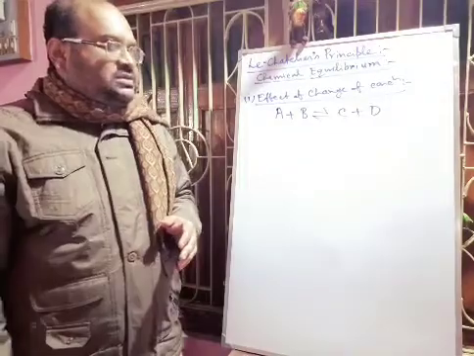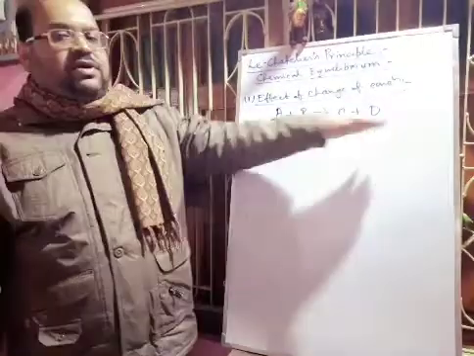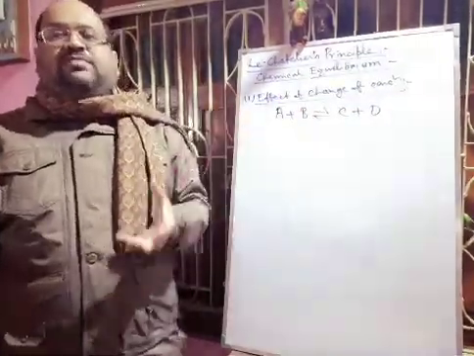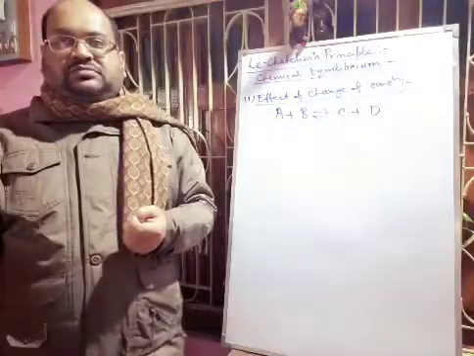Hope you can understand. So if we add A and B, the equilibrium will shift to the forward direction, and more C and D will be formed.